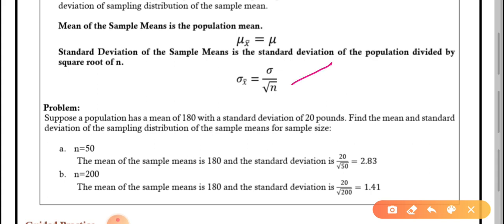Just replace sigma by the given 20 pounds, and n is already given as 50. 20 divided by the square root of 50 is 2.83. Next, once your n is changed, 20 divided by the square root of 200 is equal to 1.41.